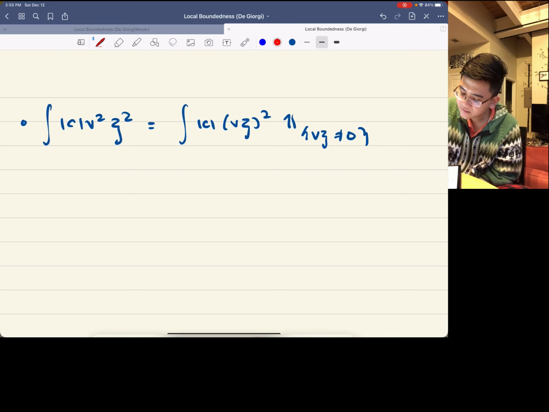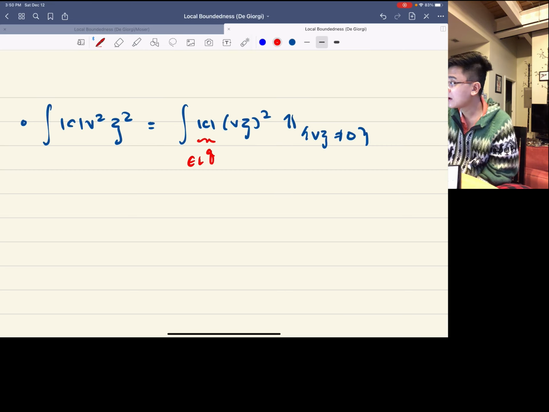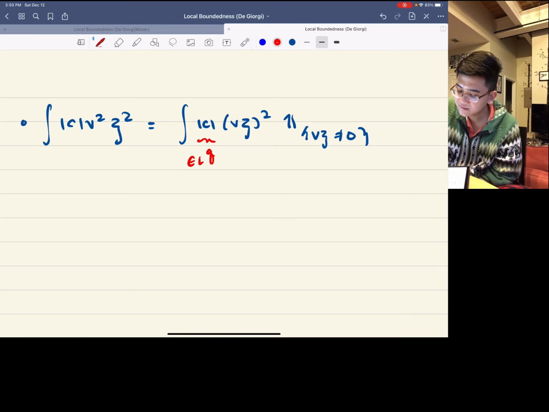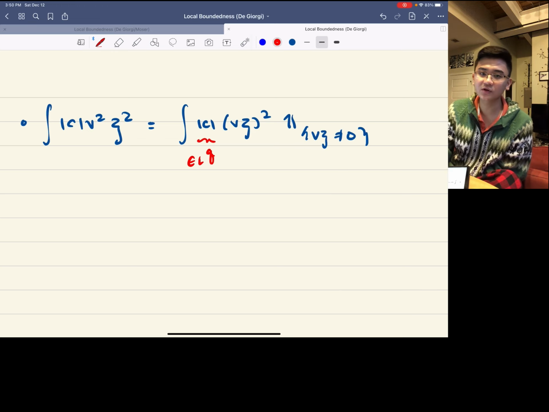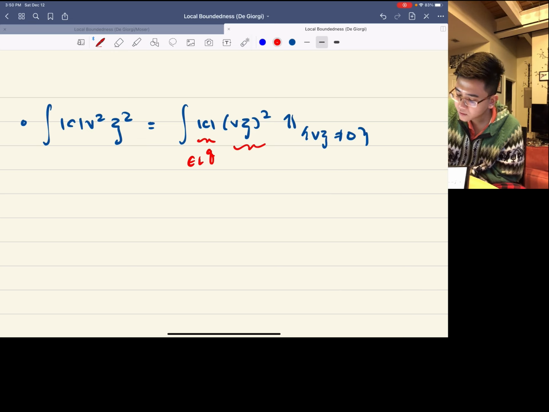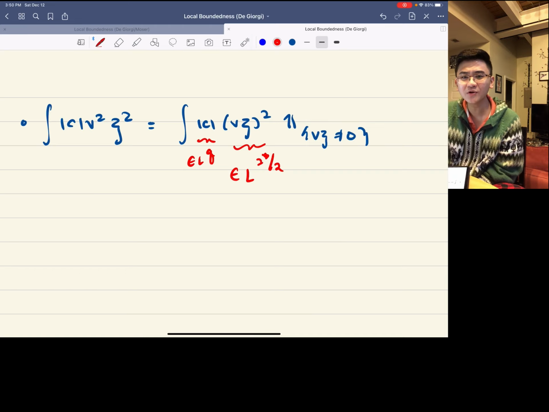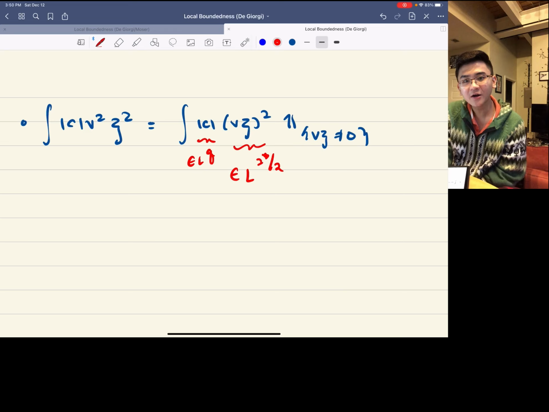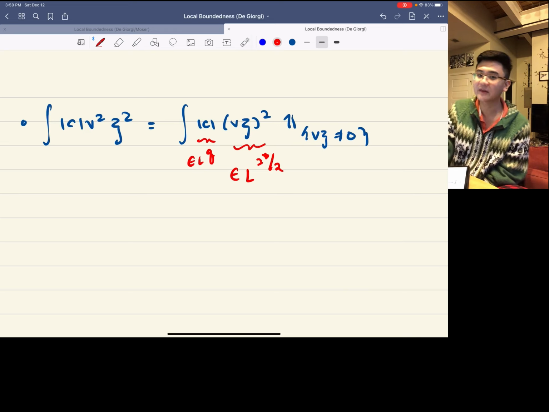So I know that c is in LQ. This is squared, so I want to use the Sobolev inequality. So I kind of want to cancel out the 2 exponent, so I'm going to put this in L of 2 star over 2. Note that the optimal is 2 star. That's the largest, so 2 star over 2 is fine.